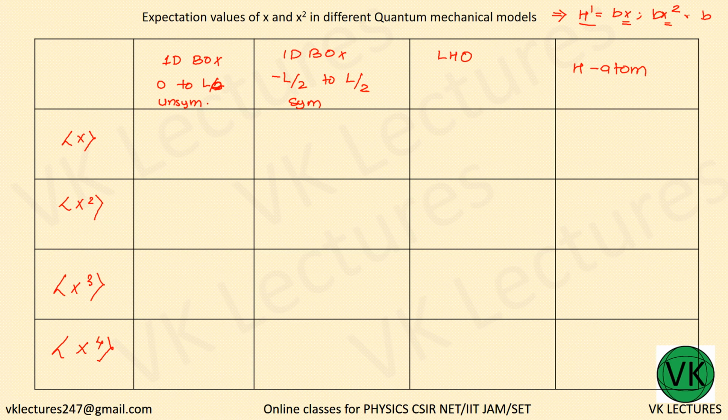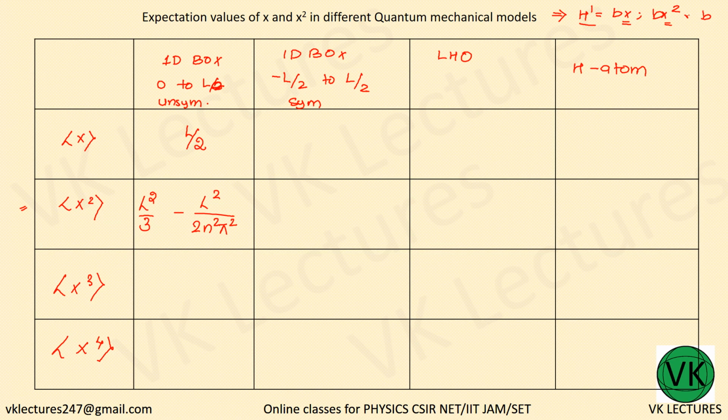So for the 1D box, the expectation of x is L by 2. The expectation of x square is L square by 3 minus L square by 2n square pi square. I request you to remember these values by heart, or else you must be able to derive them at the time of the exam. So that is the 1D box.